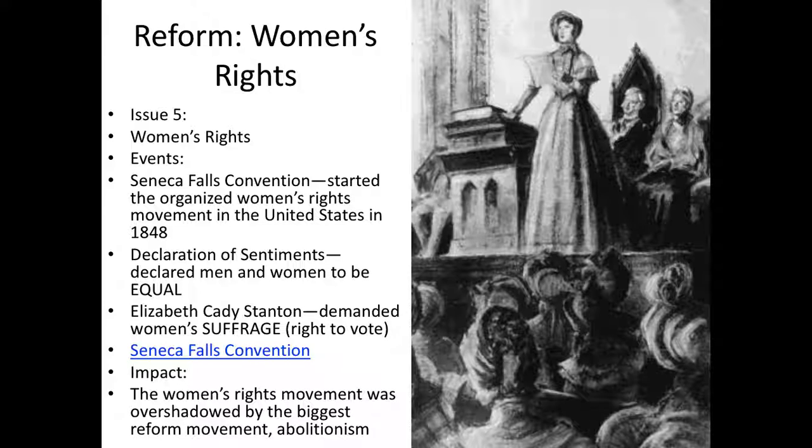So the women's rights movement starts, but then kind of gets put on the back burner or gets overshadowed by the largest of the reform movements of the antebellum period, and that will be the abolitionist movement. And when I say abolitionism, I'm speaking specifically about the abolition of slavery. Abolition means basically to abolish, to get rid of.